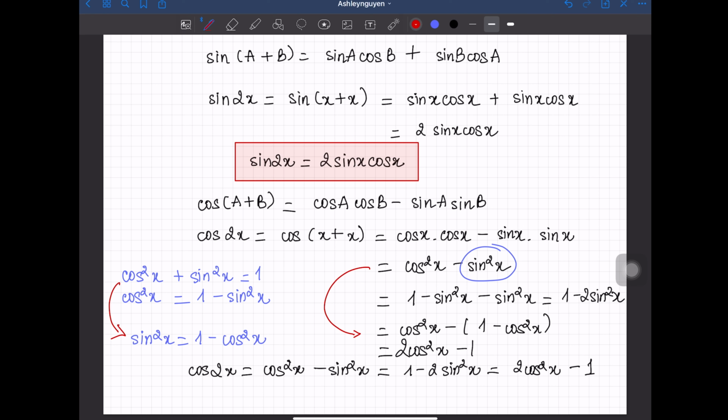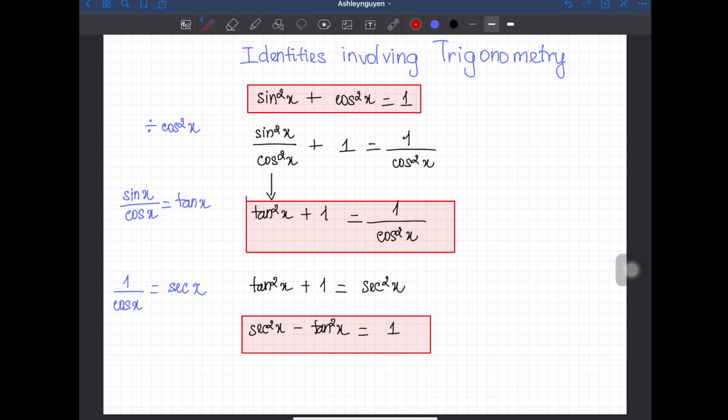And let's go to the overview now. We have the first identity over here, sine square x plus cosine square x equals 1. The second identity here, tangent square x plus 1 equals 1 over cosine square x, or secant square x minus tangent square x equals 1.